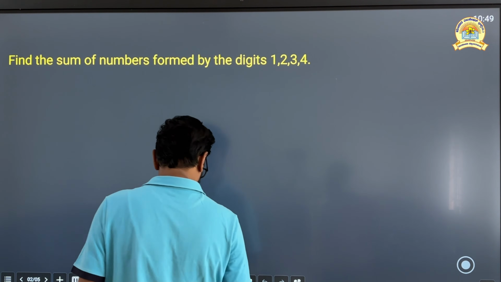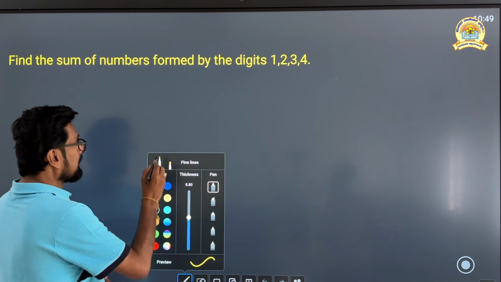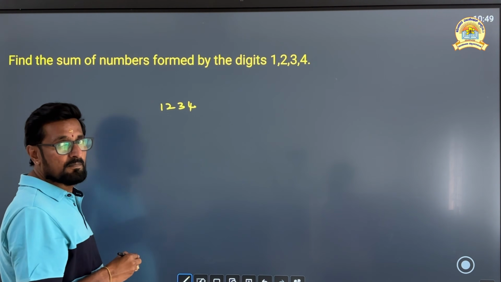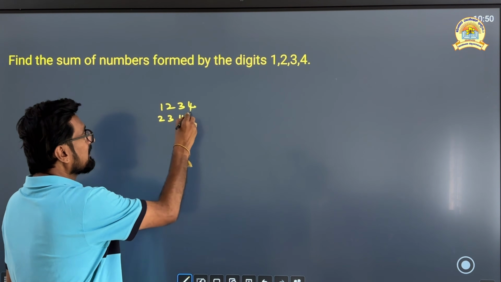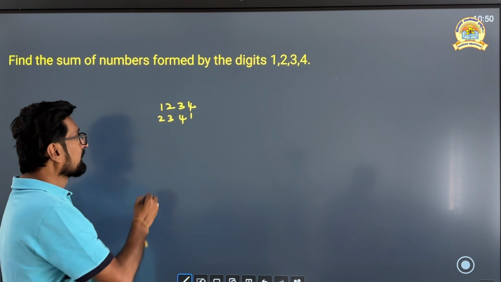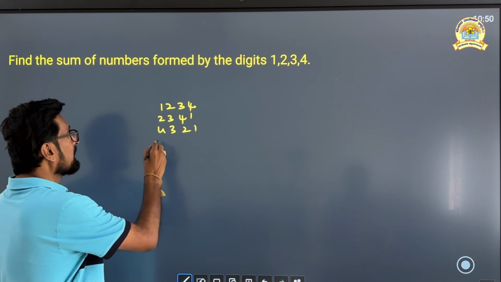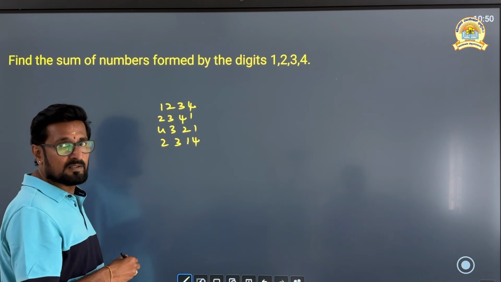Suppose 1, 2, 3, 4 is one number, and 2, 3, 4, 1 is another number, 4, 3, 2, 1 is another number, 2, 3, 1, 4 is also another number.